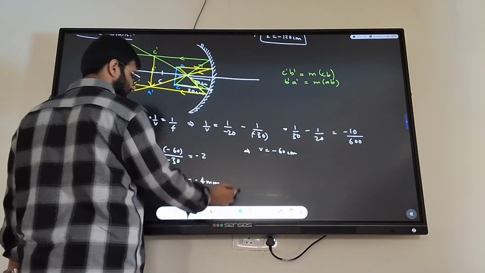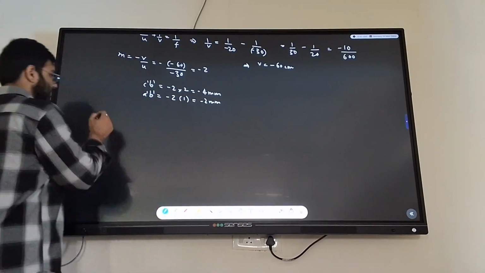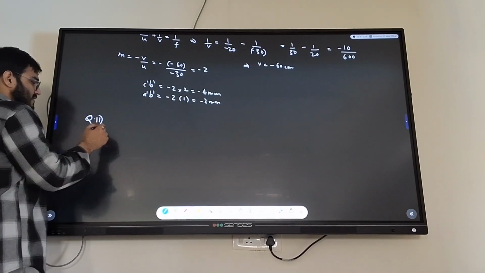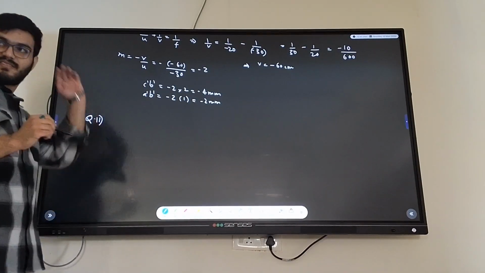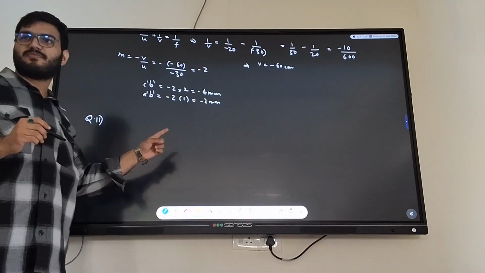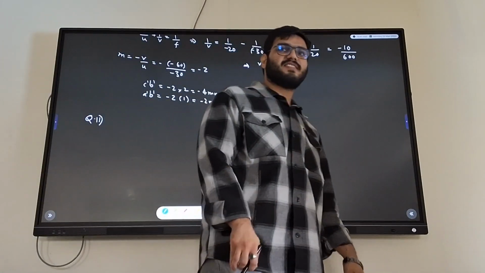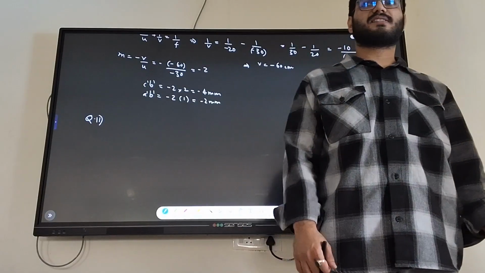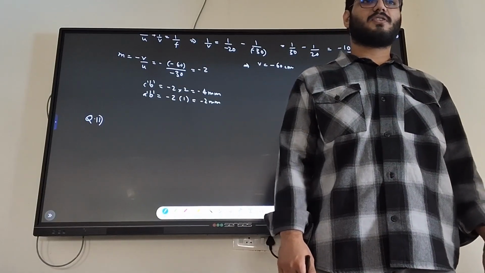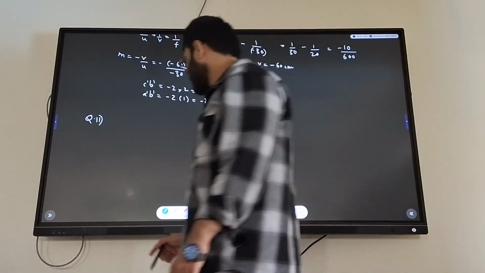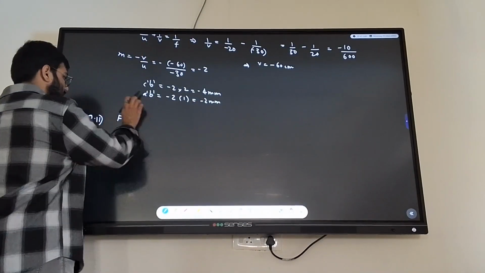I'm starting with the question. I'm going to make it for a concave mirror. It's asked to find the U versus V graph and the 1 by U versus 1 by V graph for a concave mirror.